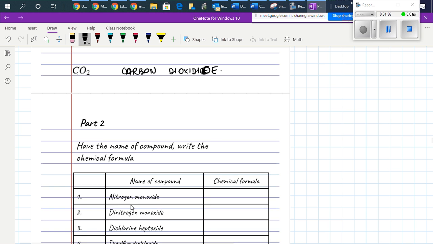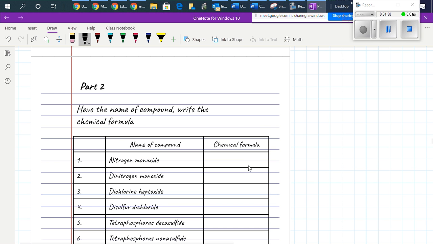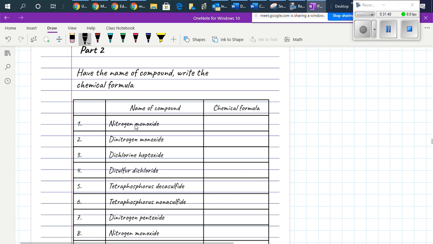So now we have from names to the formula. The first one is nitrogen, and it has 1. How do we know? Because if there is 1 on the first element, we don't mention it. And then monoxide, oxygen is 1.